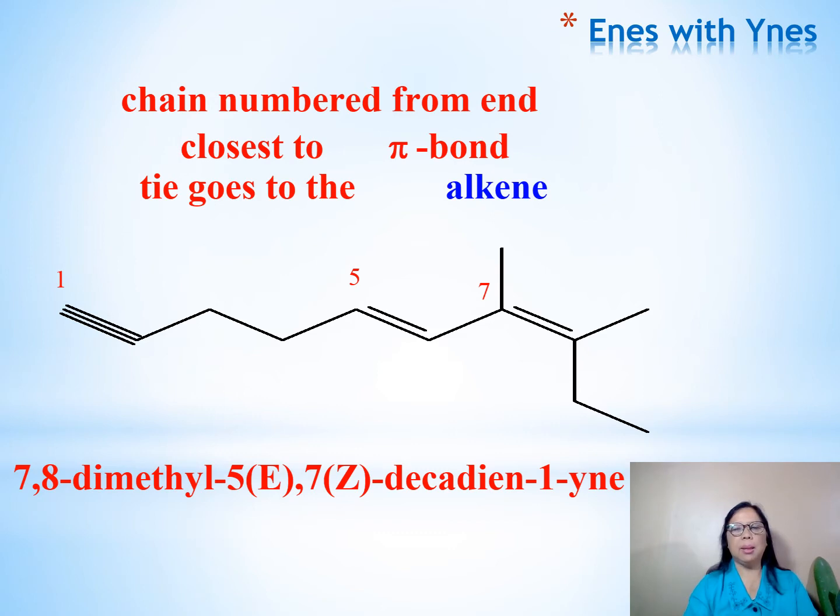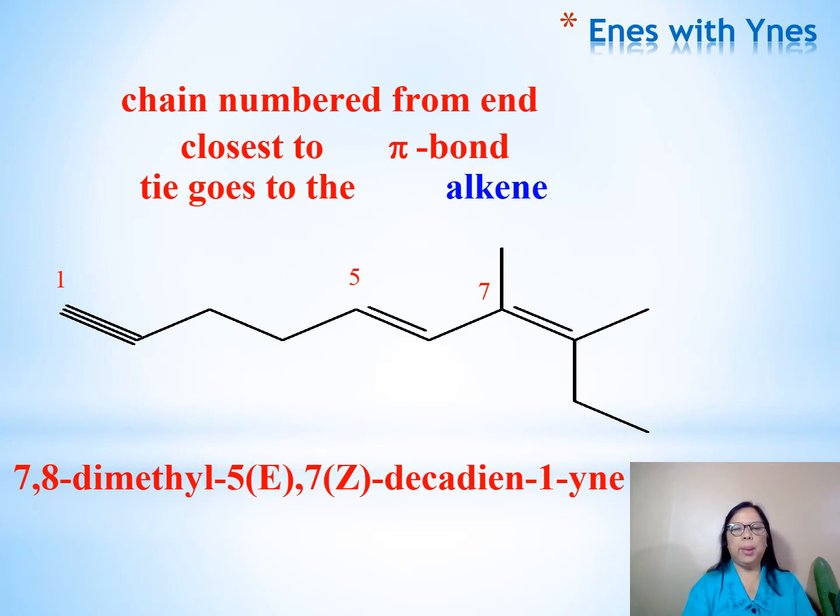That's 10, right? Okay. We could not simply say 7, 8, 9 because there is a longer chain here. You have 7, 8, 9, 10. So it is a deca. But since you have here a triple bond, you have the yne.